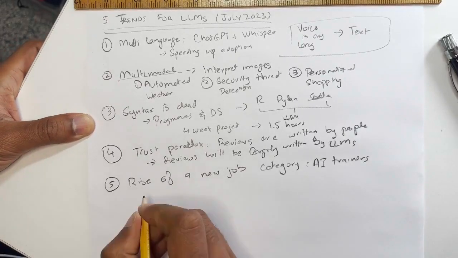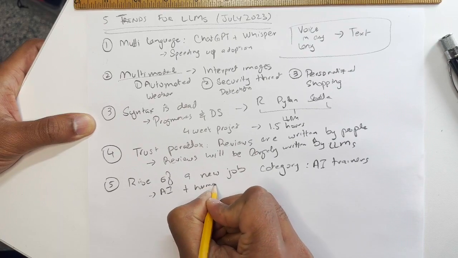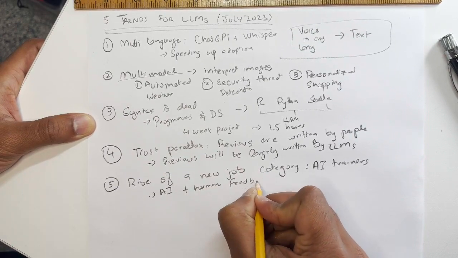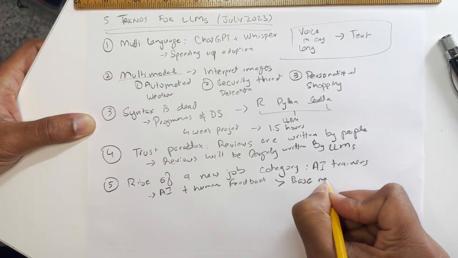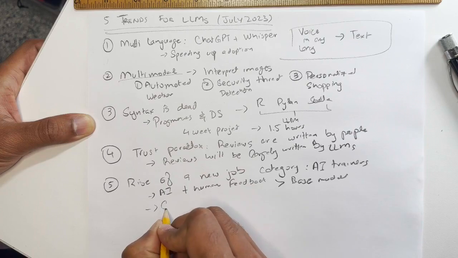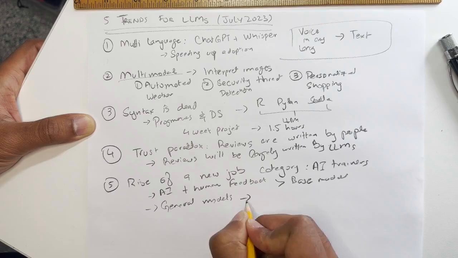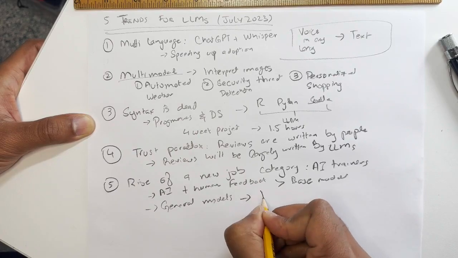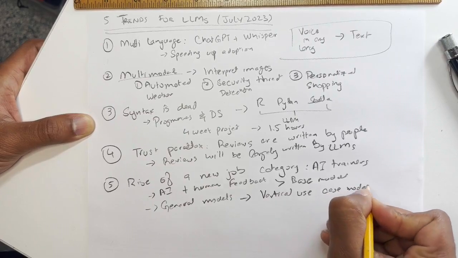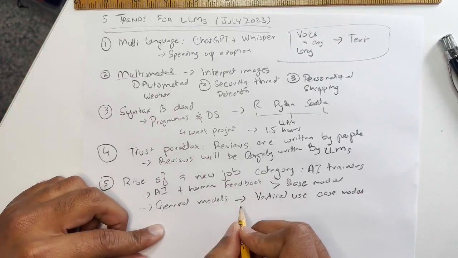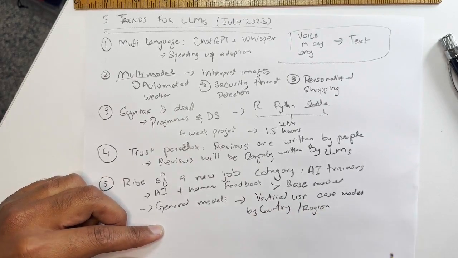So one thing that's becoming more and more evident is that AI plus human feedback is better than AI-based models alone, which means that today, while we have general models, we're very likely to move over to vertical use case models. And it's not just vertical, it's also by country/region, and their use cases.